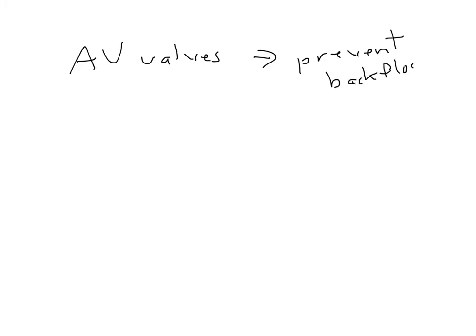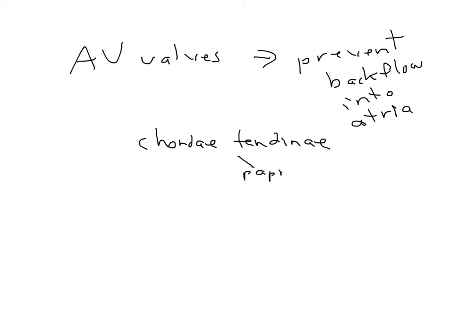The valves, we have 2 sets of valves, the AV valves. The purpose of the tricuspid and bicuspid valves is to prevent backflow of blood into the atria. The AV valves are the ones with the chordae tendineae, otherwise known as the heartstrings, which are anchored by the papillary muscles.